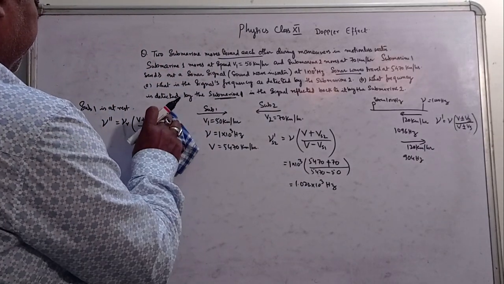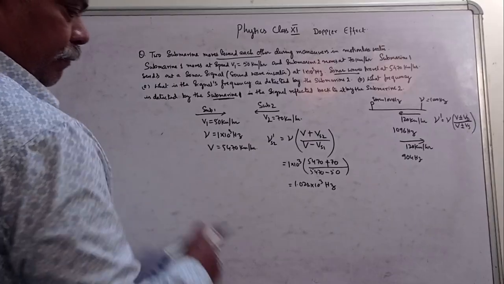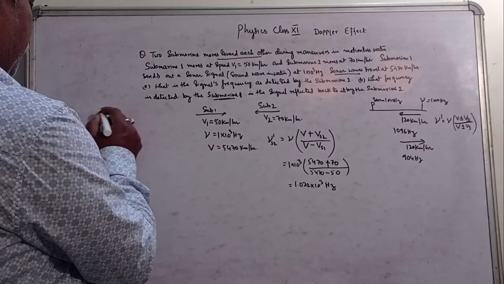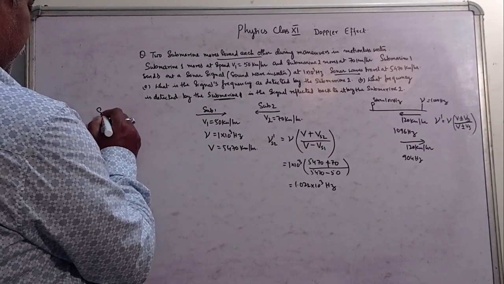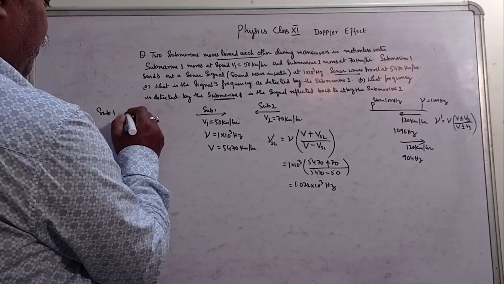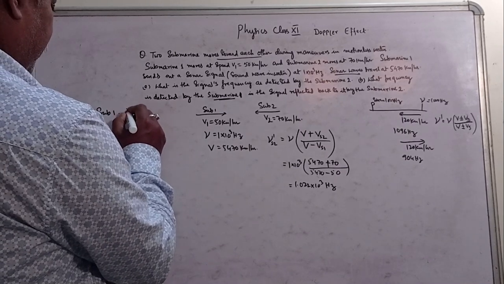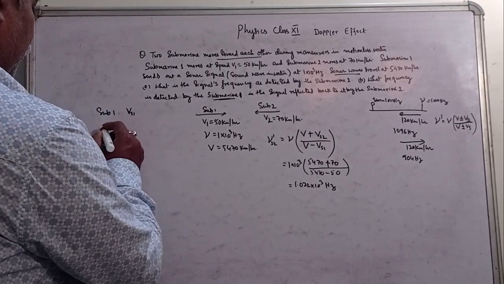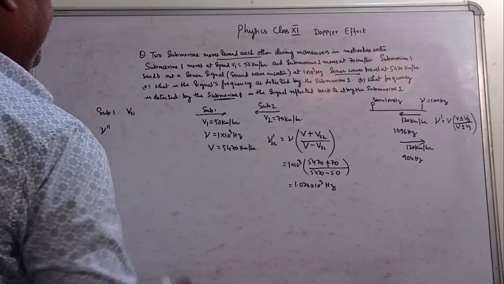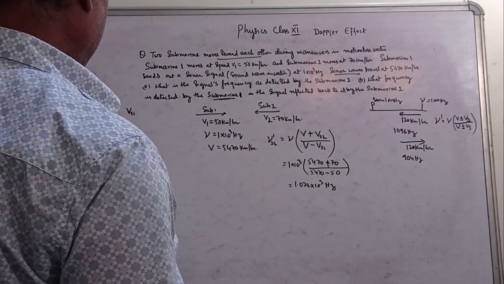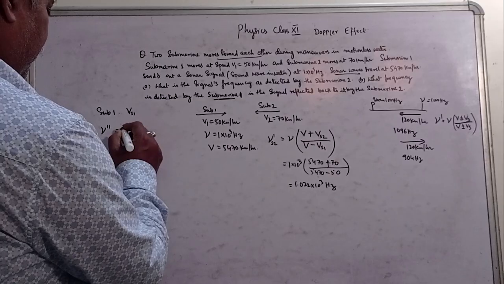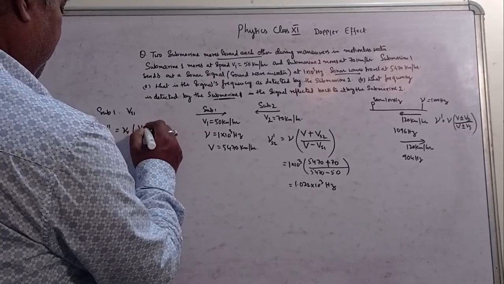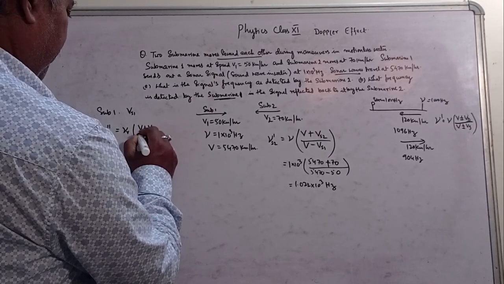Since your submarine 1 is moving with velocity vs1, the reflected frequency received by the submarine 1 will be the reflected frequency of the submarine 2, that is v plus vs1 by v.